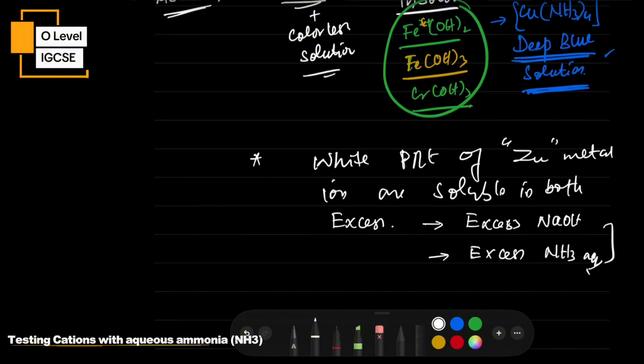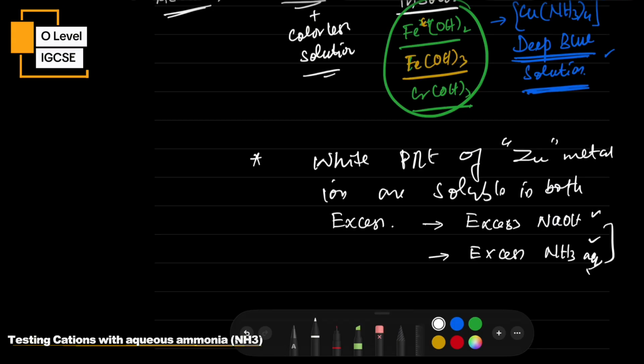So basically we use two types of reagents, sodium hydroxide and aqueous ammonia, to identify the cations, metallic positive ions and the ammonium ion as well.